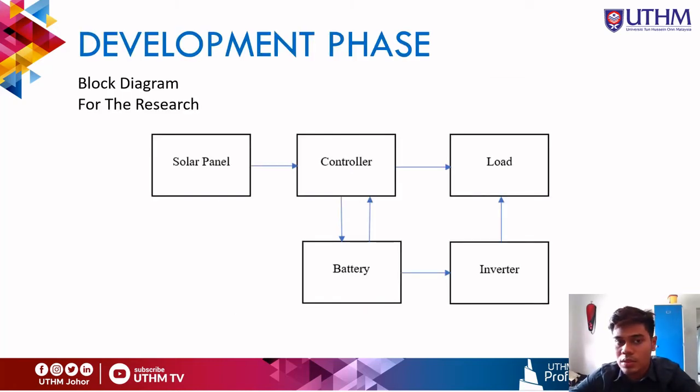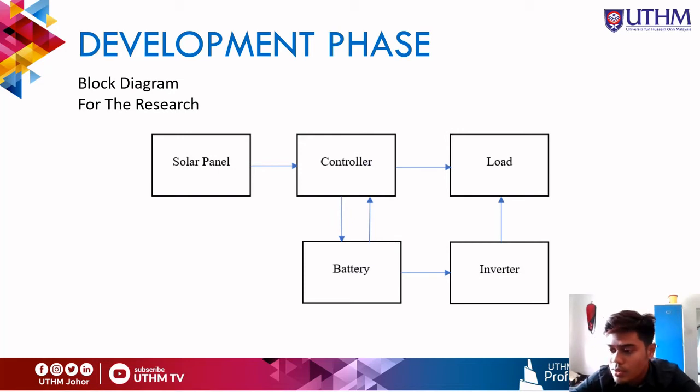Okay, so this is the block diagram for my research, which consists of solar panels charging the battery via a charge controller. The charge controller is in charge of energy dissipation. A controller, on the other hand, has no effect on the discharge characteristics of a battery in the operational range.